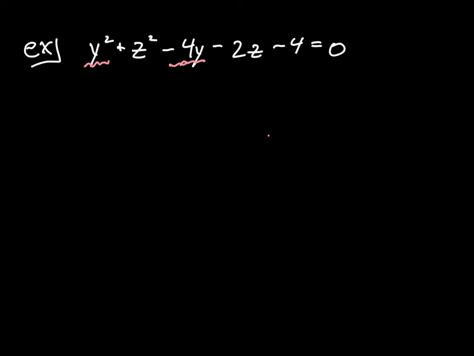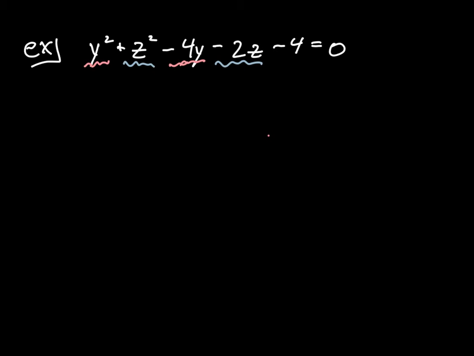Let's do one final cylindrical example and look at the graph of y squared plus z squared minus 4y minus 2z minus 4 is equal to 0. Now, you'll notice, first of all, that this equation has no dependence on x. And second of all, we have a y squared and a minus 4y and a z squared and a minus 2z.